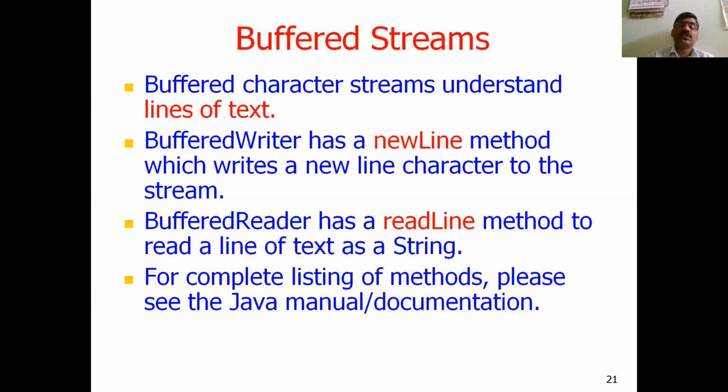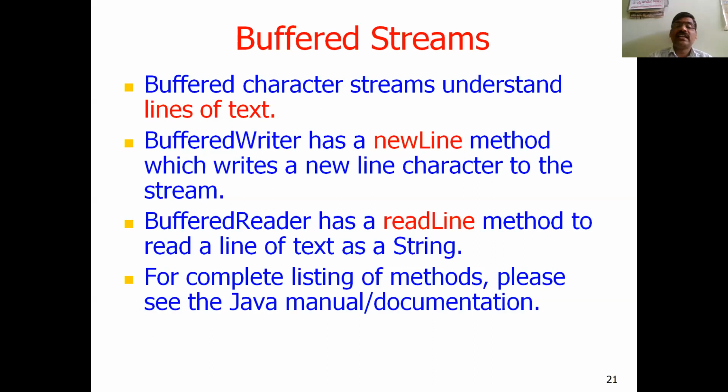But when you are not using buffered streams, if you are simply using normal character streams or byte streams, it will read character by character in a continuous fashion. But if you use BufferedReader and BufferedWriter, BufferedWriter has a newLine method which writes a newline character to the stream. BufferedReader has a readLine method to read a line of text as a string. The entire line you can read instead of reading character by character using the read method.